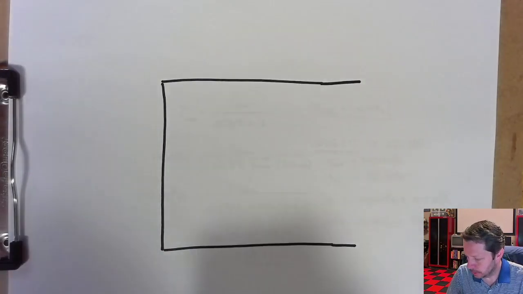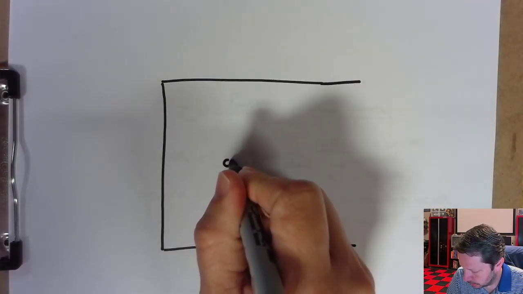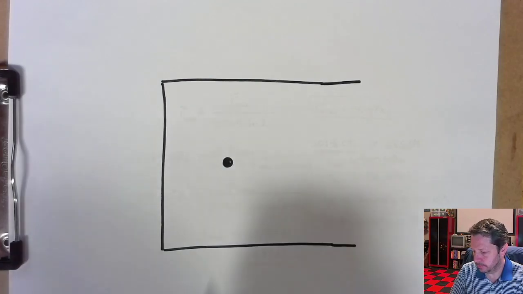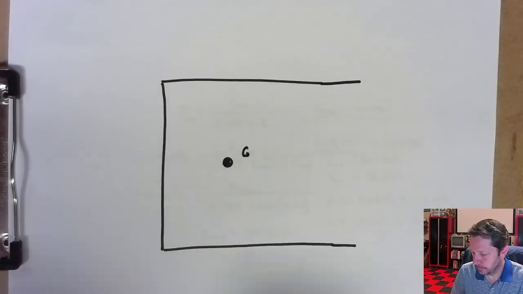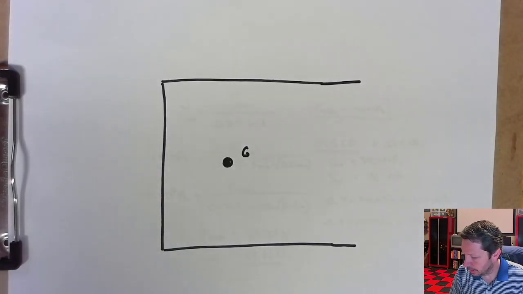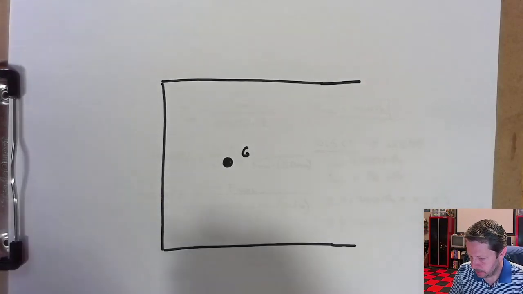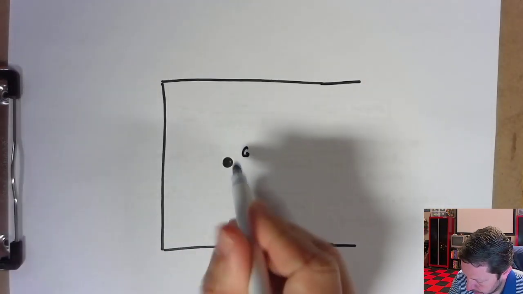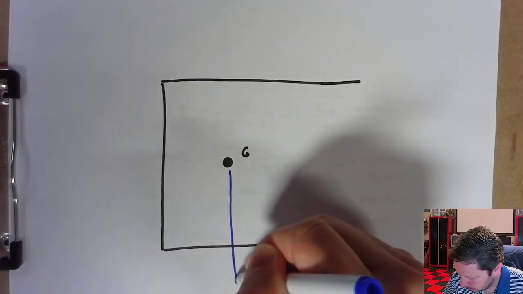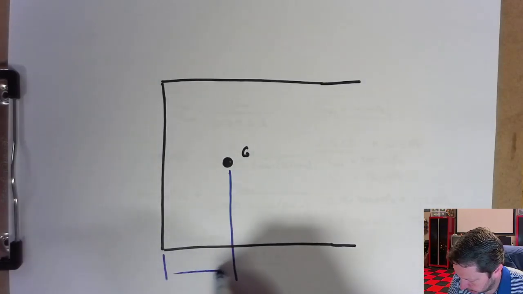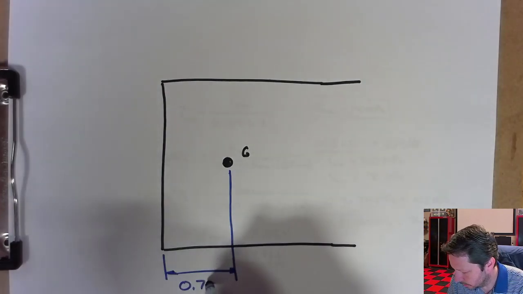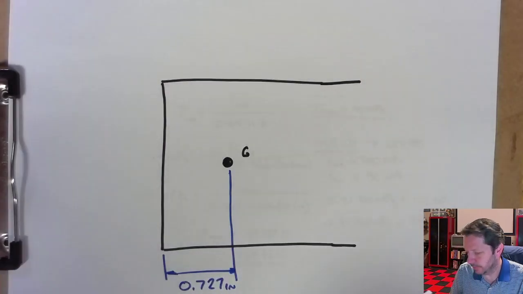Our centroid is right in there. They label it G. That G is going to be in the way later, but that's fine. And then we had some dimensions on here, that this is 0.727 inches. That's where we've gotten so far.